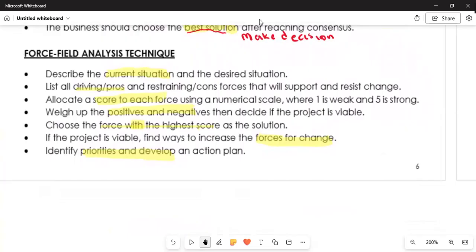So we want to hear about the force field analysis technique. Now we are to try to know what this technique is all about. Force field analysis is a decision-making tool to analyze the forces for and against a change.